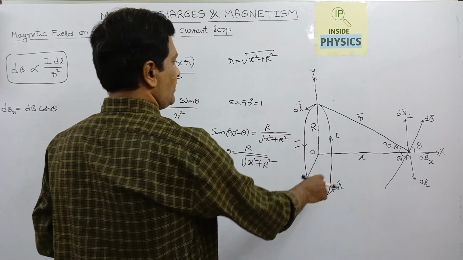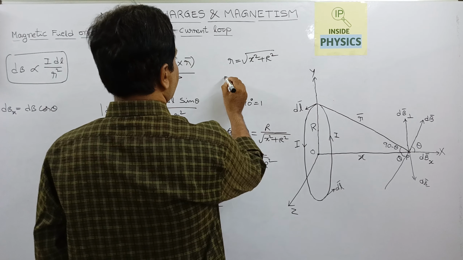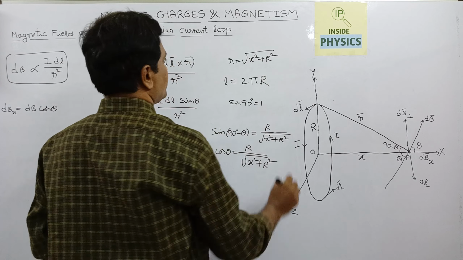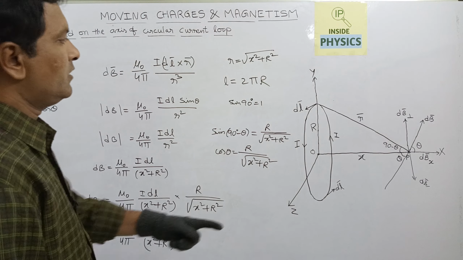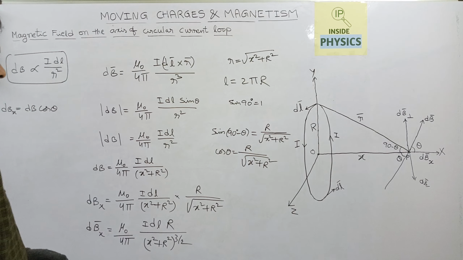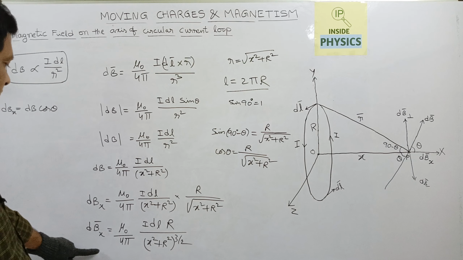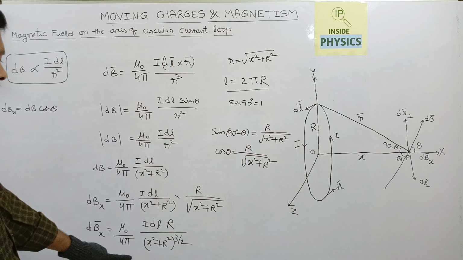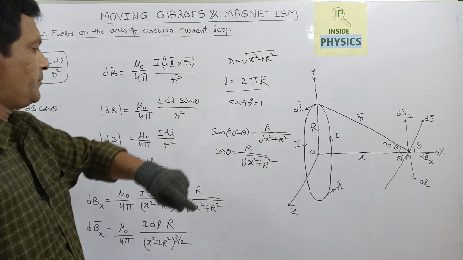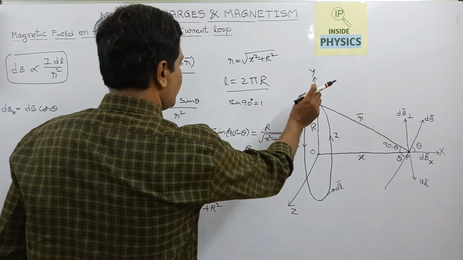The total length is the perimeter of this circular loop. We can say L is 2 pi r. This is the total length of the current loop, which is nothing but the perimeter. Now in this equation, in the place of dl, we need to put L is equal to 2 pi r, because this is the magnetic field due to this small current element only.